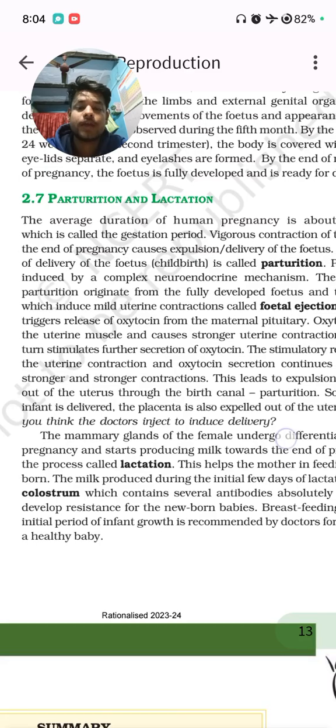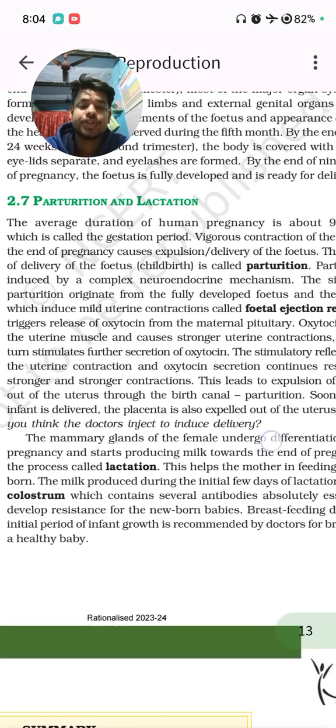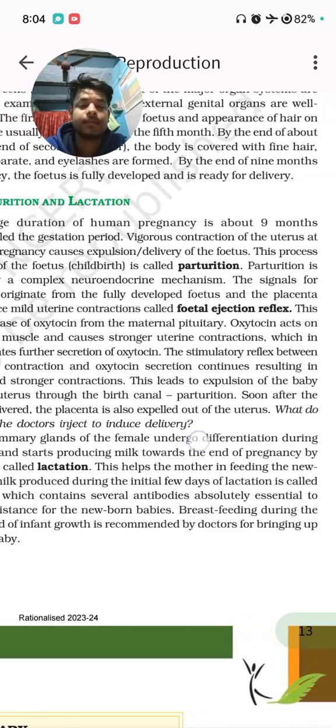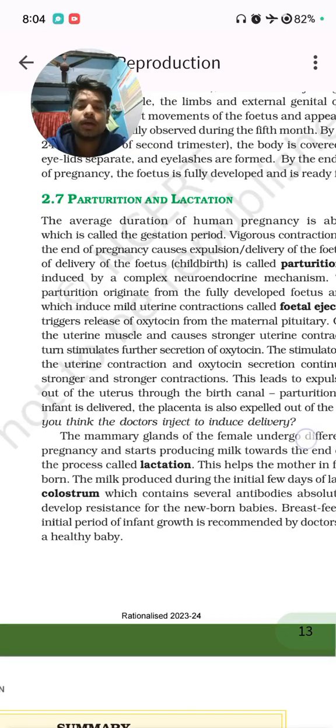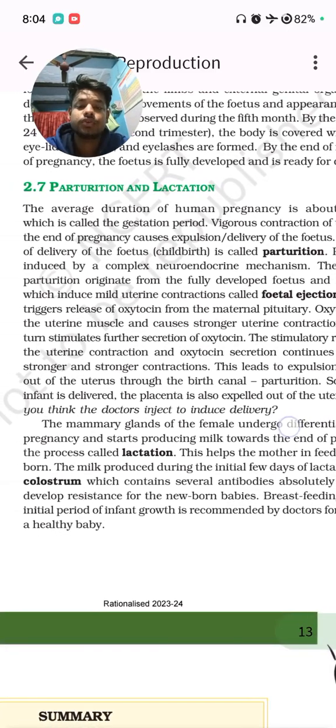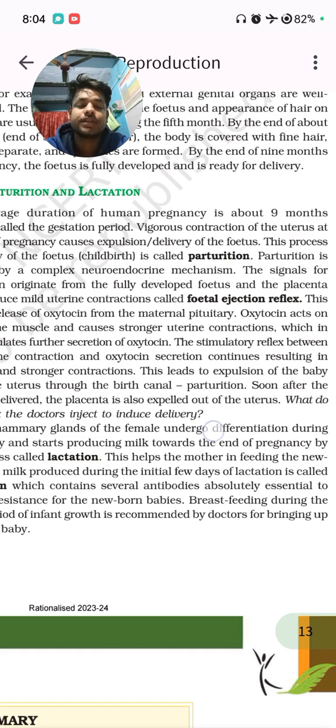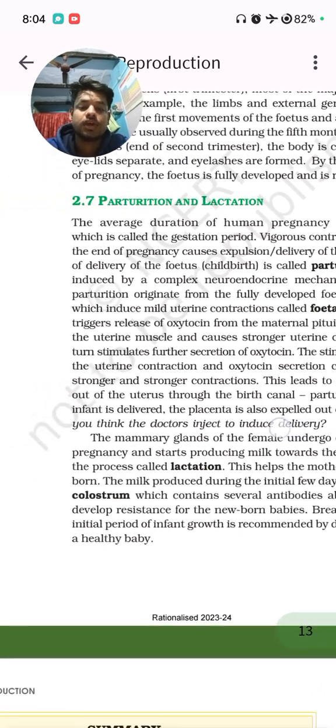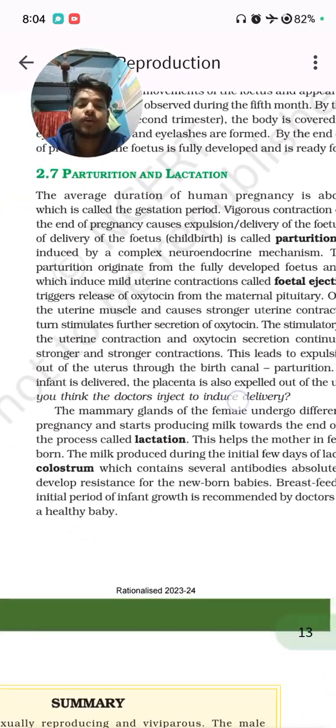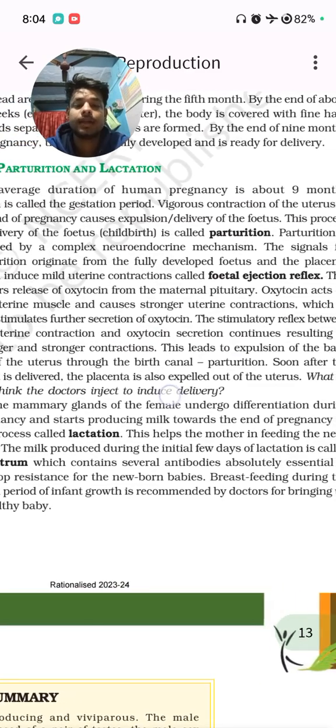The signal for parturition originates from the fully developed fetus and the placenta, which induce mild uterine contractions called the fetal ejection reflex. This triggers release of oxytocin from the maternal pituitary.